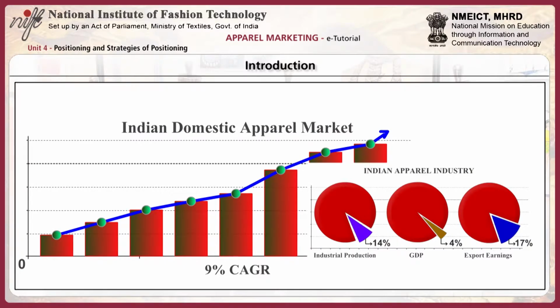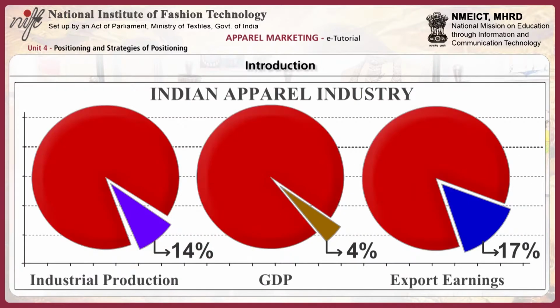The Indian apparel industry contributes about 14% to the industrial production, 4% to the GDP and 17% to the country's export earnings. It provides direct employment to over 35 million people.